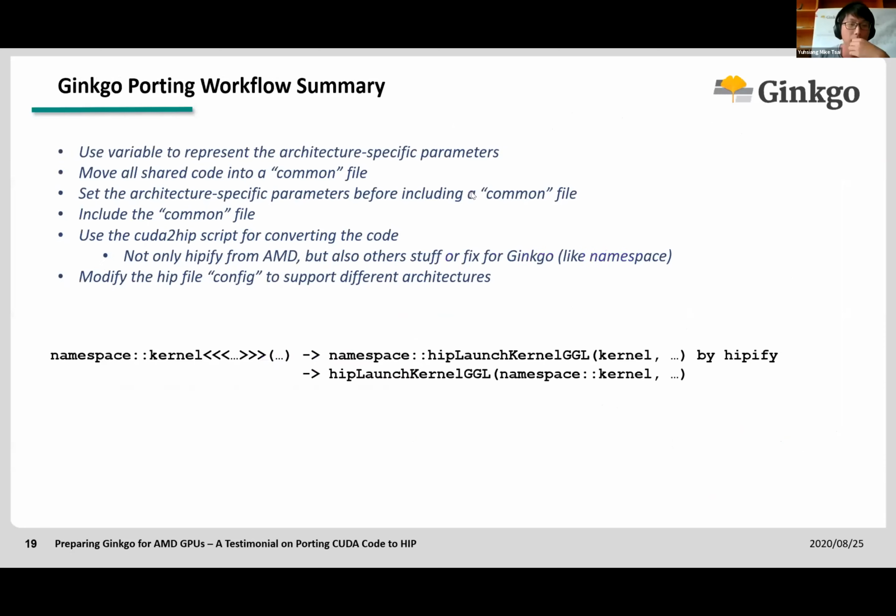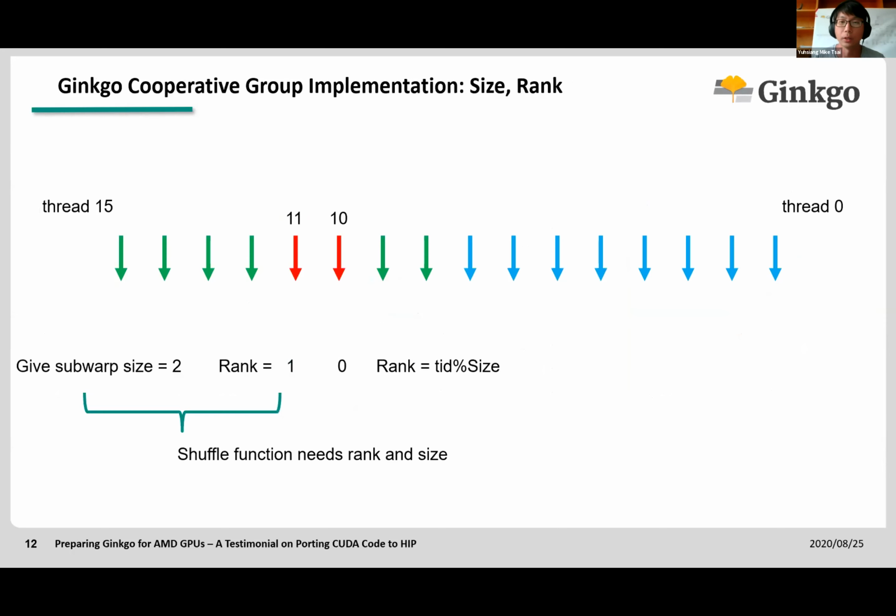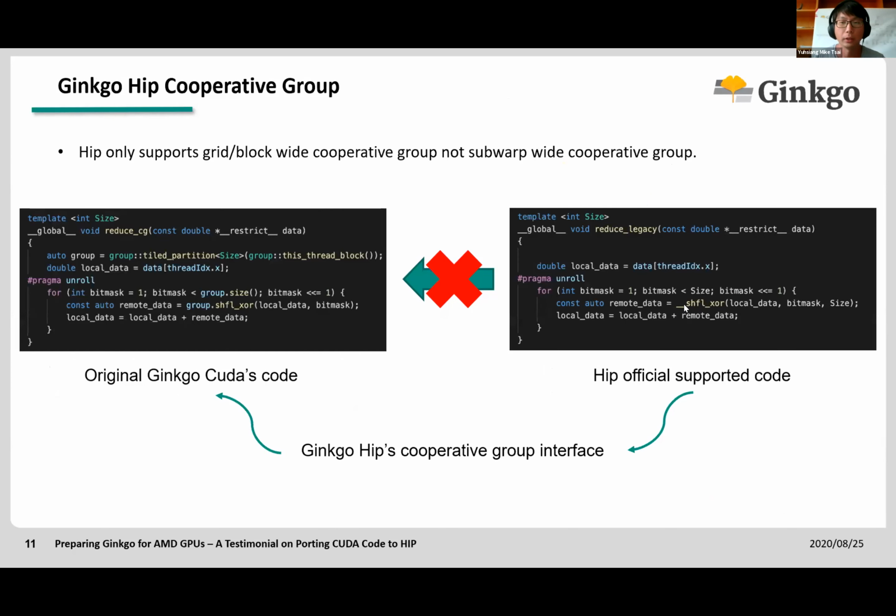And the last question from me: if you go to slide 15 in your presentation. Okay, maybe I can share my screen again. Yes. On the right-hand side, you have a legacy implementation. What is the language that you were using as legacy? The legacy one just calls the original API. It's almost like here, directly calling the shuffle XOR, but you need to compute the bit mask, or the size.